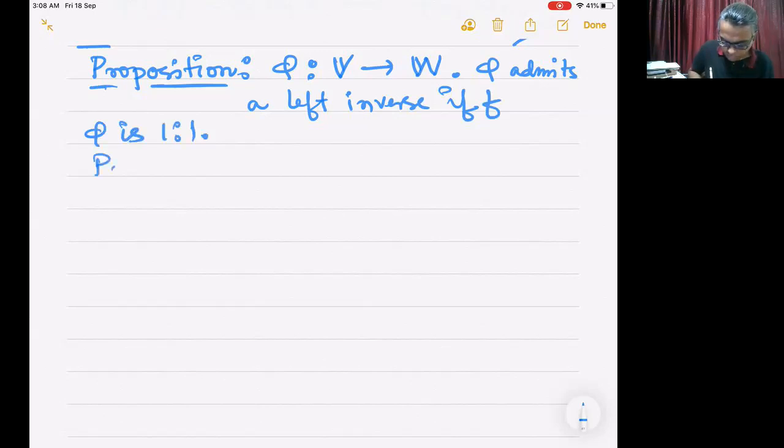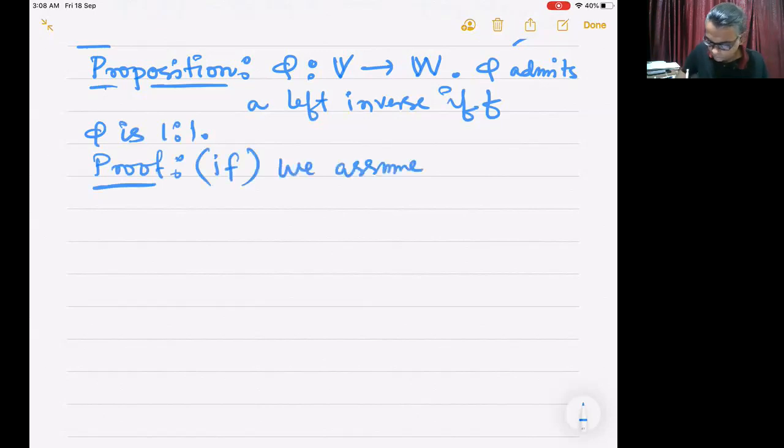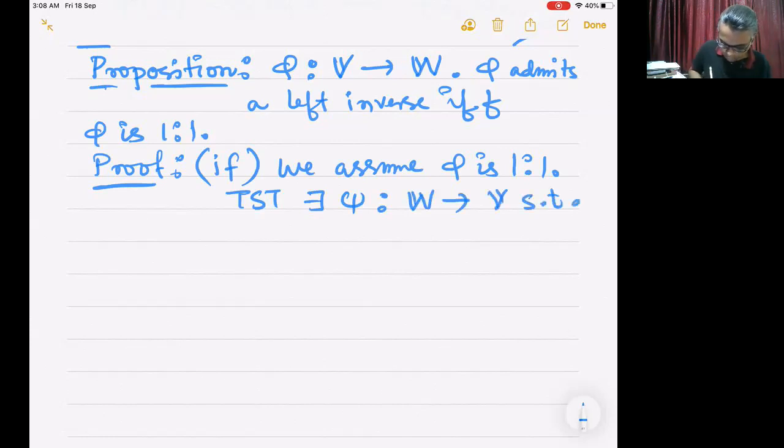I will prove only the if part, you will prove the only if part. That is, we assume phi is 1 to 1 to show that there exists psi, which is a map from W to V, such that psi phi is equal to identity on V.